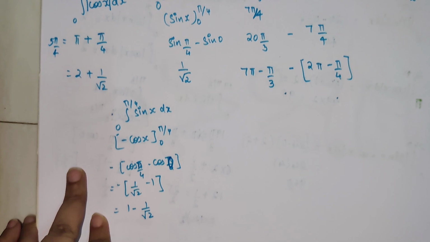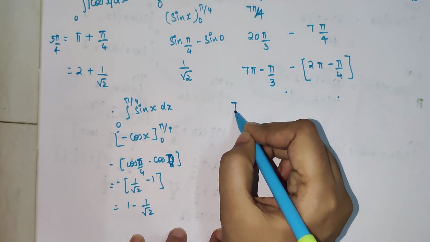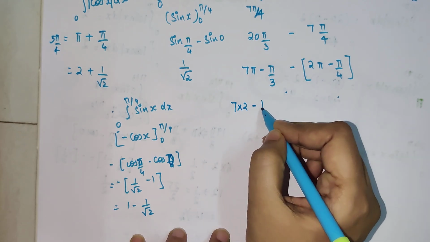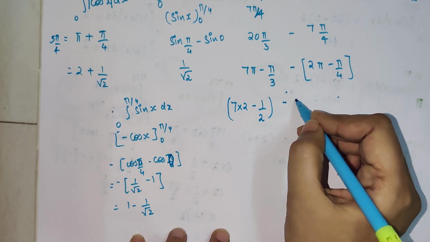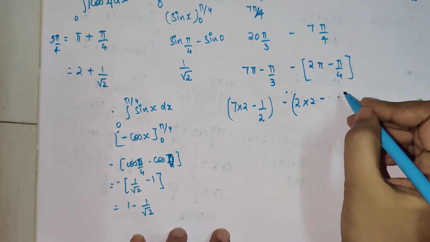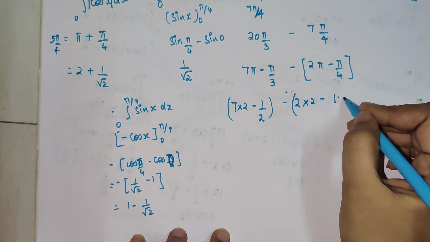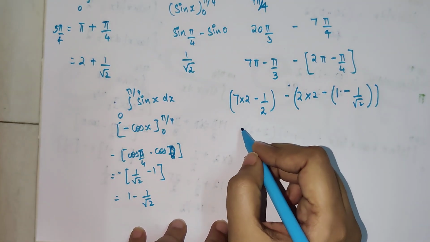So here understand this is nothing but 7 into 2 minus 1 by 2, right? And here we have minus 2 into 2 minus of 1 minus 1 upon root 2. Please understand this minus is very important.